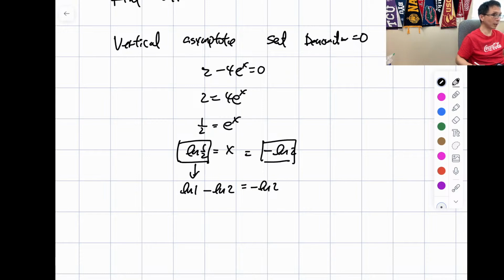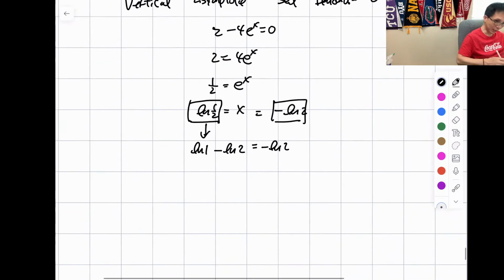It's very important, because in multiple choice they might show you an answer that's in a different form, so you have to learn how to adapt. Now the second one is the horizontal asymptote, so let's check it.